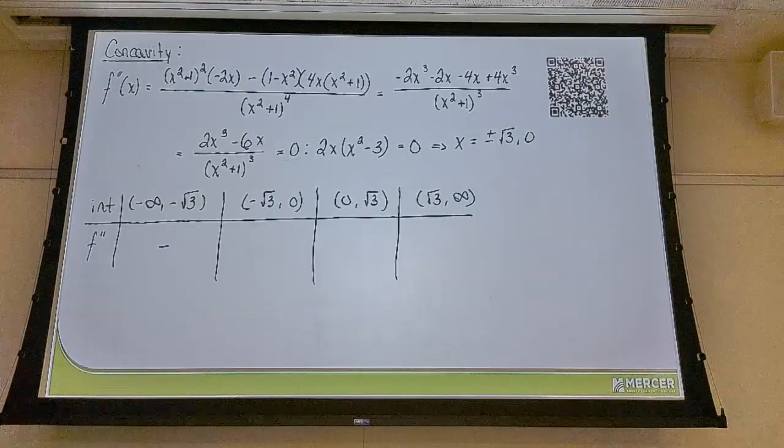Negative 1. By the way, I can actually simplify this even further. If you look at this term down here, it's always going to be positive, because you get x squared plus 1, a positive plus 1. That's always positive. Good. Sign is determined totally by the numerator. Negative times negative will be positive.